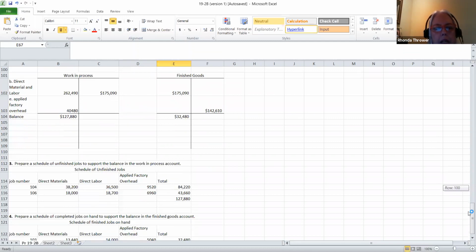In part three, they want us to prepare a schedule of unfinished jobs to support the balance in the work in process account. So we want to show where this balance came from. And what we're going to do is prepare a schedule of unfinished jobs, which is really just a job cost sheet for each one of these jobs.